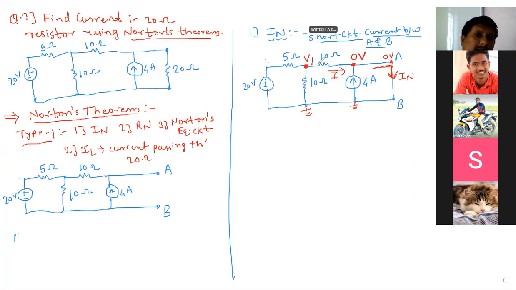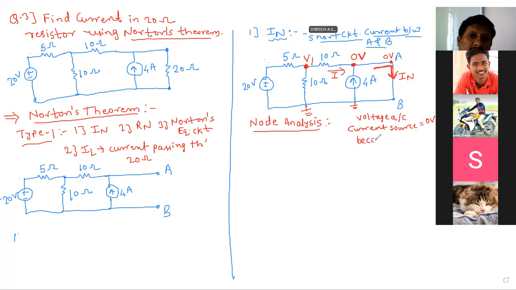Ultimate aim is to get IN. But for calculating I, we require to calculate this node voltage. So for that purpose, I have to use nodal analysis. So before this, you can write the concept: voltage across current source is 0 volt because of short path.